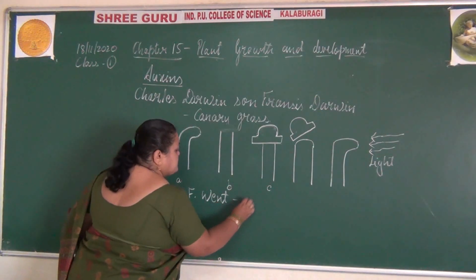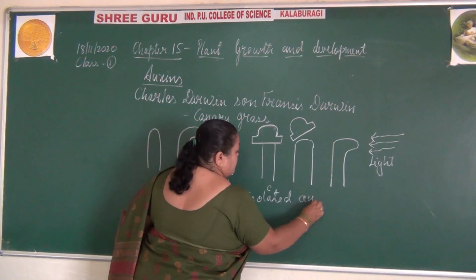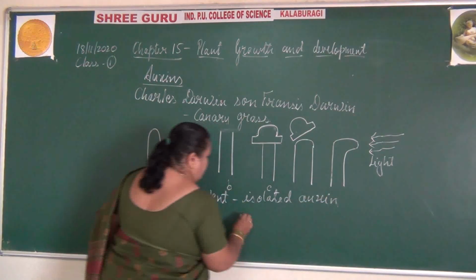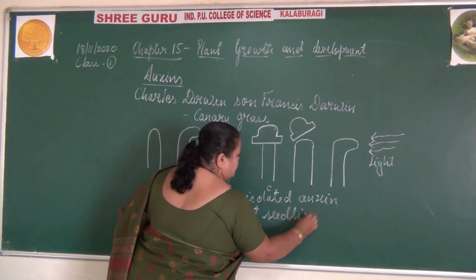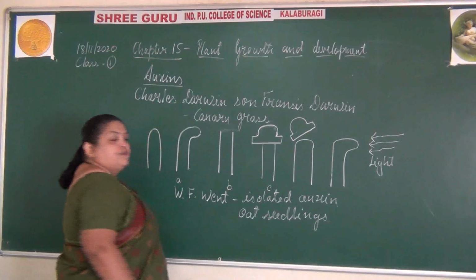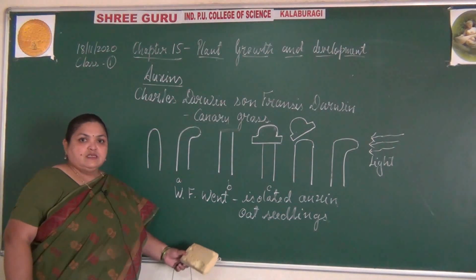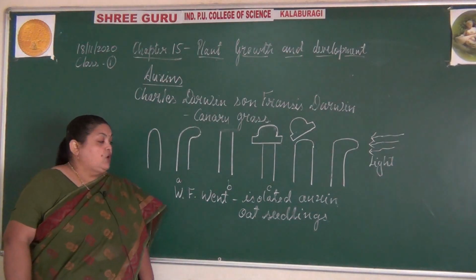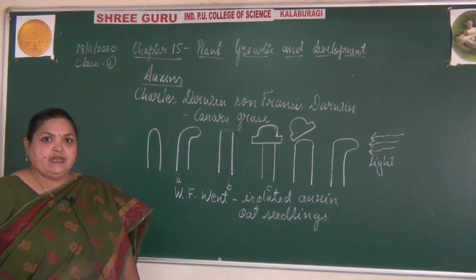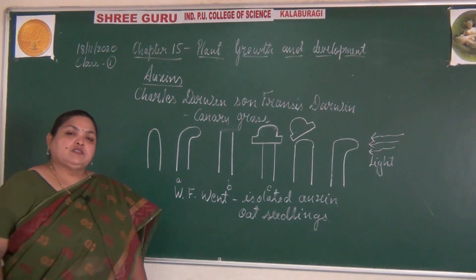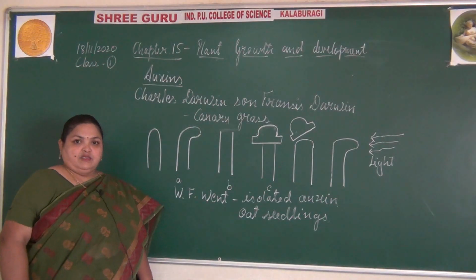Went, who isolated the auxin from the oat seeds. He isolated it later, with many experiments done by the scientists. It was F.W. Went who isolated the auxin from the oat seedlings and named these chemical substances, or the hormones, as the auxins.